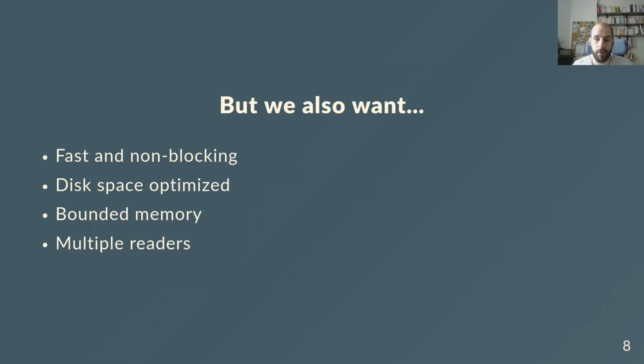We also have a hard bounded memory constraint because a Tezos node can run on very small devices such as Raspberry Pis or small VPS. And finally, a Tezos node is composed of 3 processes that should be able to read the storage independently of each other. So we have to provide a single writer, multiple readers access pattern.